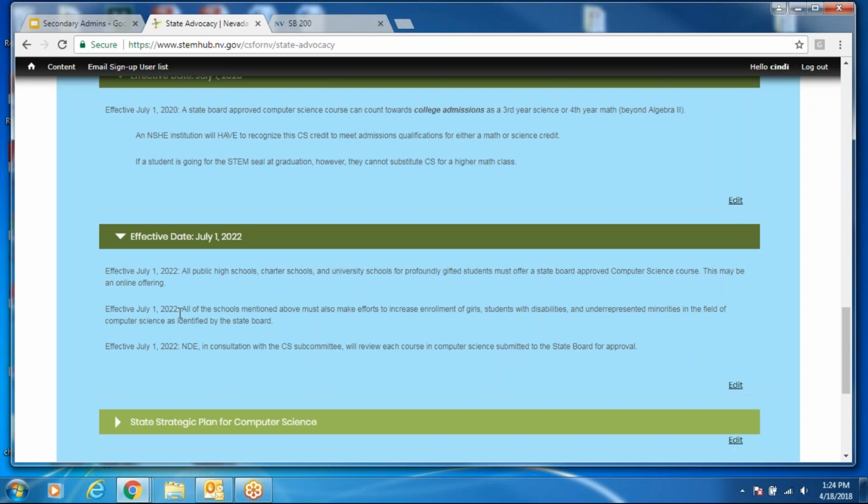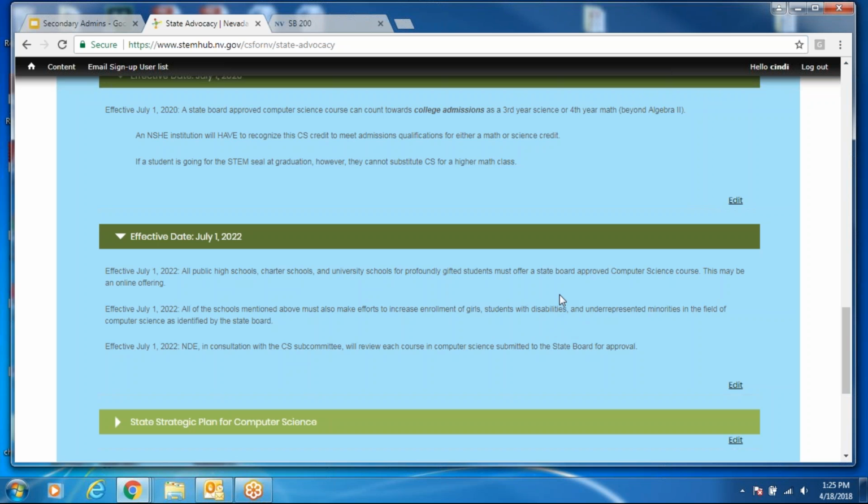Also, in that same year, this is also effective: all of the schools mentioned above must also make efforts to increase enrollment of girls, students with disabilities, and underrepresented minorities in the field of computer science as identified by the state board. So those two kind of go hand in hand.